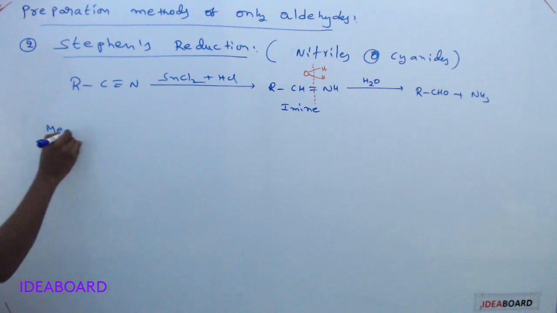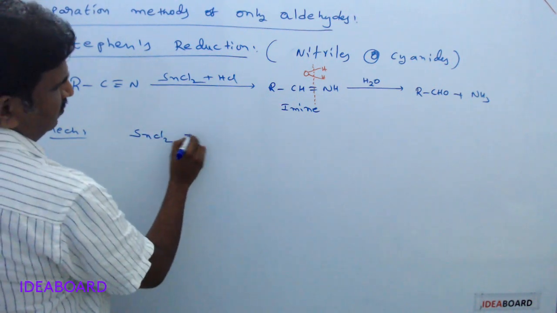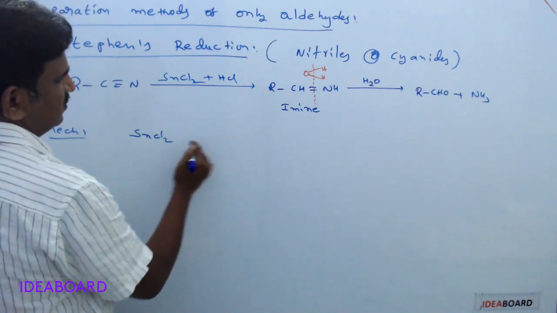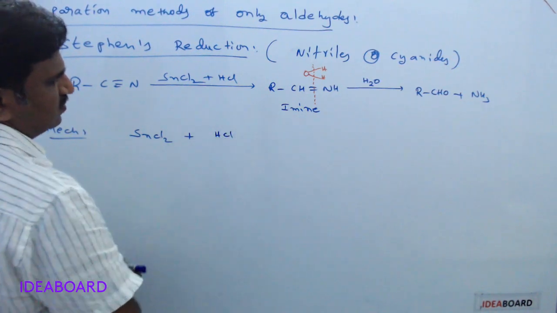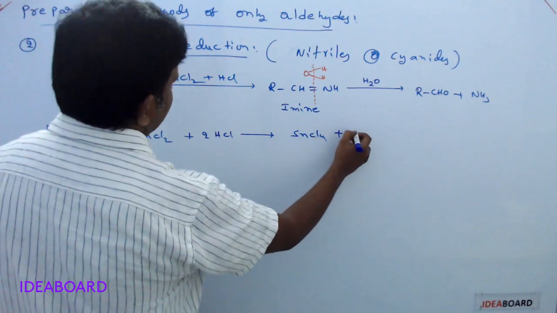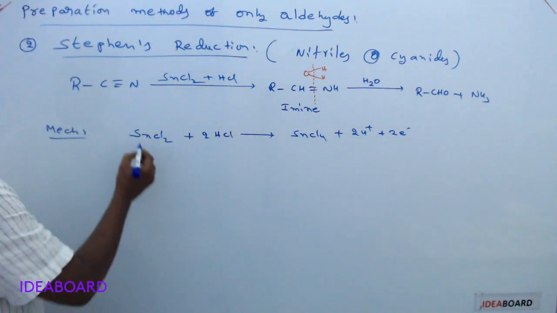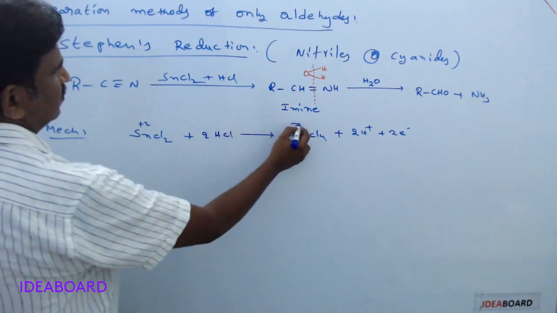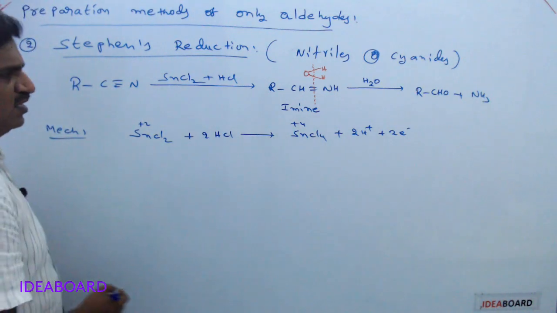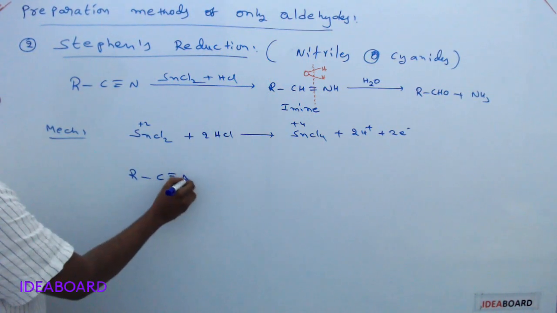And now the simple mechanism. SnCl2 is first converted into SnCl4 by reacting with two HCl molecules, giving SnCl4 plus 2H+ plus 2e−. That means Sn2+ is converted to Sn4+. So two H+ ions and two electrons are present, and RC≡N is there.